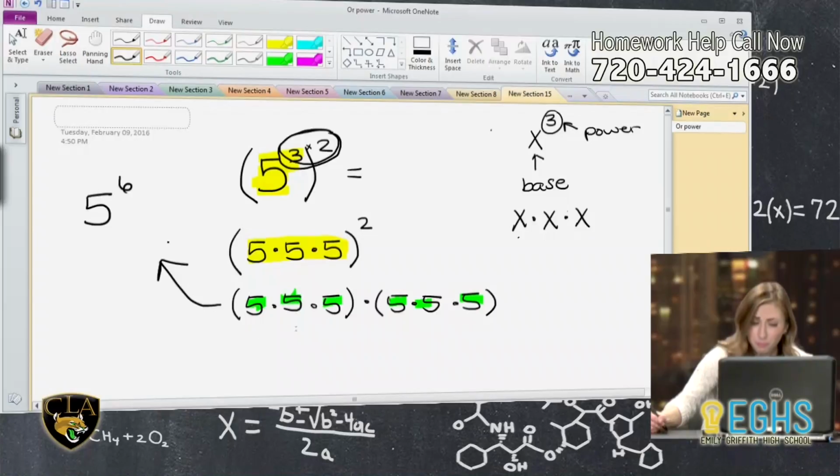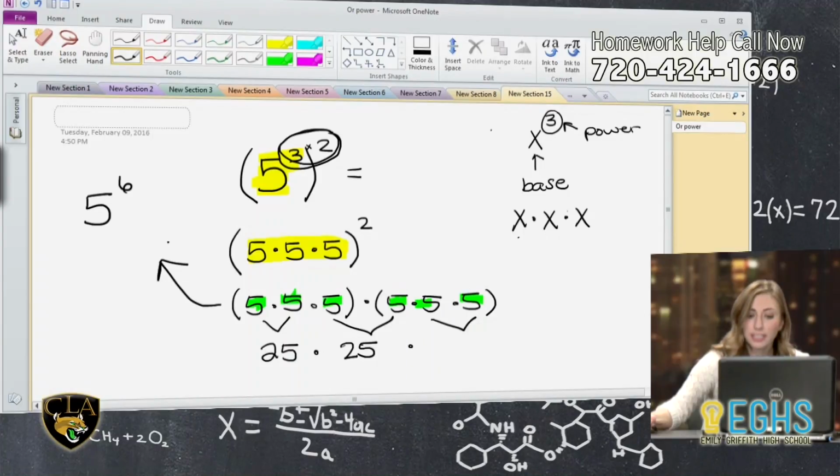Also, if we were evaluating it, meaning finding out what it is, we would want to multiply these together. One way that I do this is I'll do 5 times 5, 25, and then I'll pair them just to break it down and make it easier. Nate, did you have a trick for the 25 squared? Yeah, that's what I was just thinking.